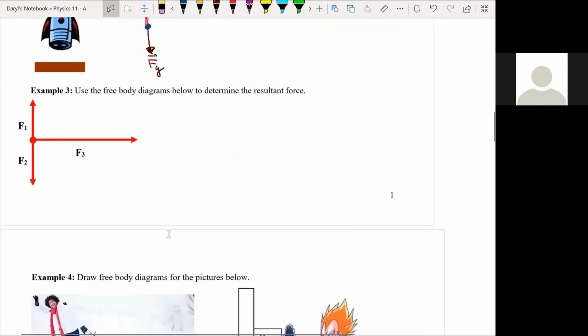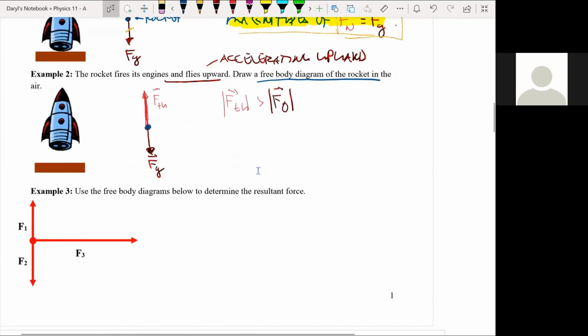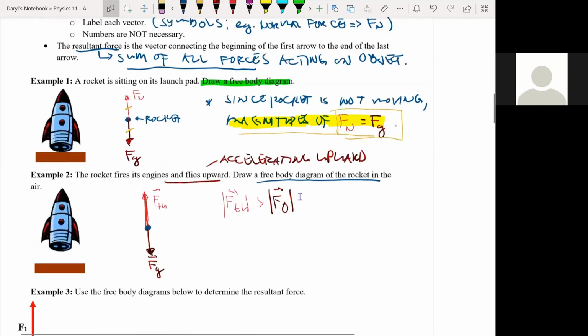Let's take example number 3. Sorry, yes, teacher? Example 2, I think you need to depend on the time, because when the rocket starts to fire and when the rocket is at constant speed, the balance is different. Yes, that's why I placed the words there, accelerating upward.